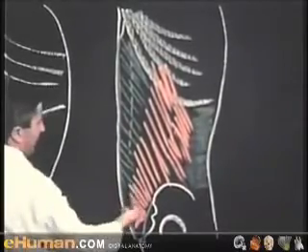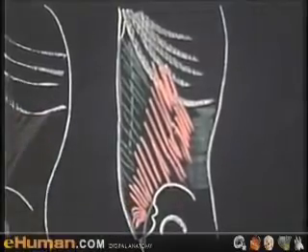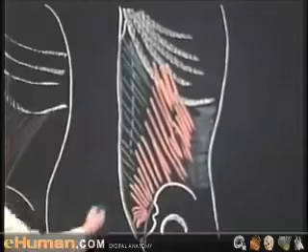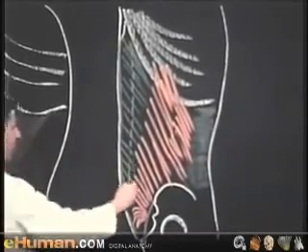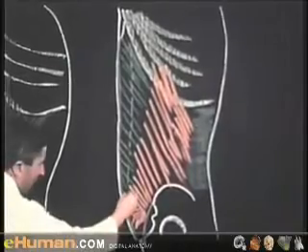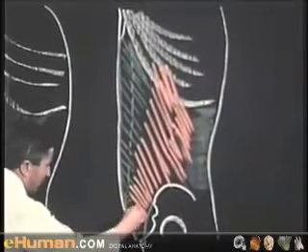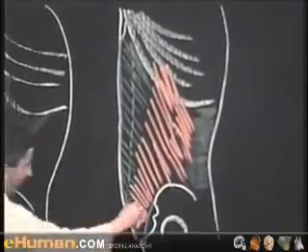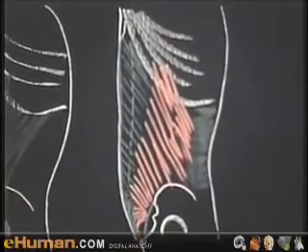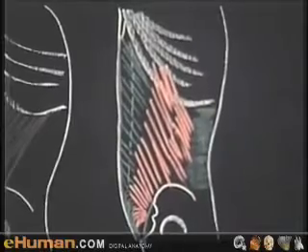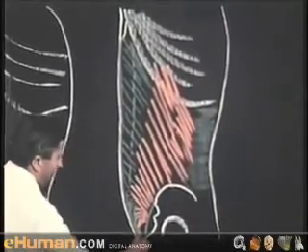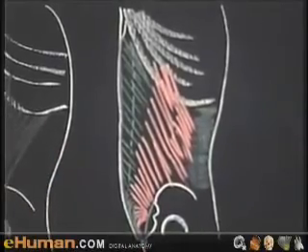At the level of the anterior superior iliac spine, however, this splitting ceases, and the entire aponeurosis comes forwards to lie in front of the rectus abdominis. So here we have the fibers arching over and coming down and forming a tendon which is going to join up, as we shall see in a moment, with the tendon of the transversus abdominis to form the conjoint tendon, which is inserted into the pubic crest.